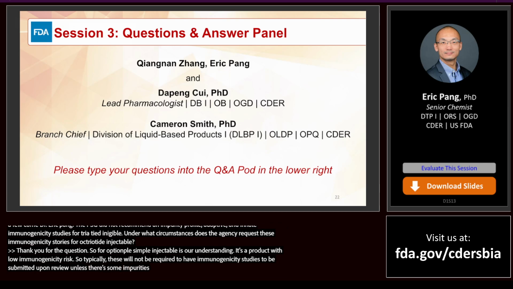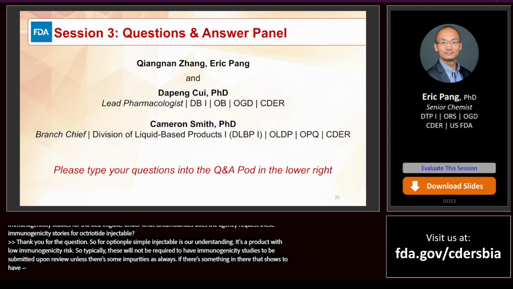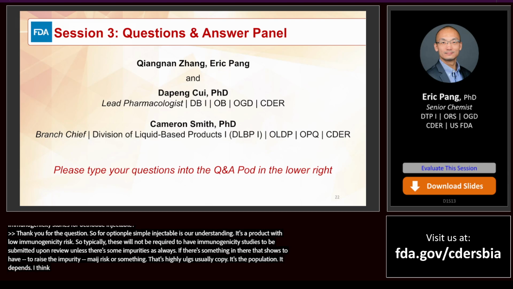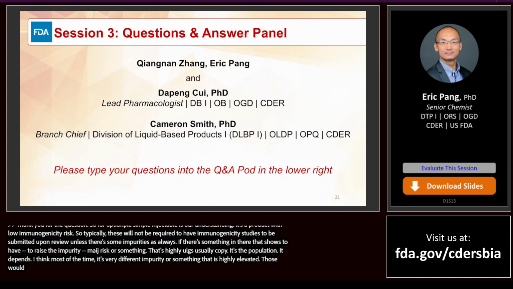As always, if there is something in there that shows to raise the immunogenicity risk, for example, a highly unusual impurity, or if the formulation could, well, it depends. I think most of the time, if there is a very different impurity or a highly elevated impurity, those will be something to be a concern about. But still, it depends on what kind of impurity it is.